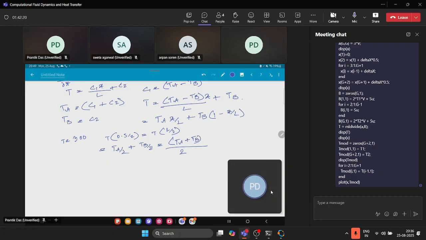So it is actually 500 plus 100 divided by 2, which is coming to be 300. Okay. So now we can see that the solution is accurate. So what we did was we tallied the analytical solution with the numerical form. Is it clear to all of you?